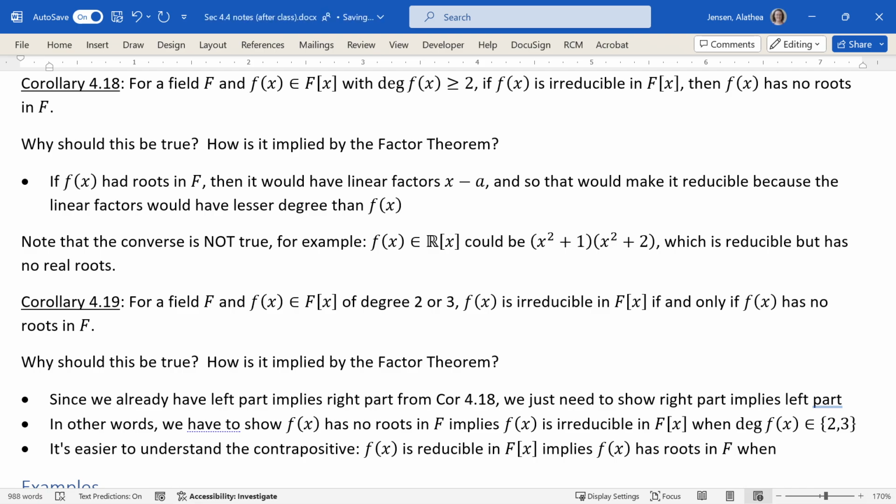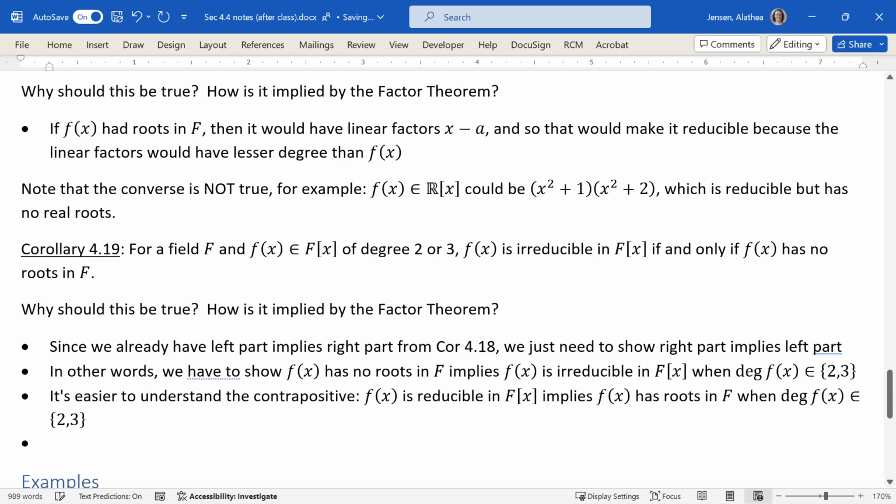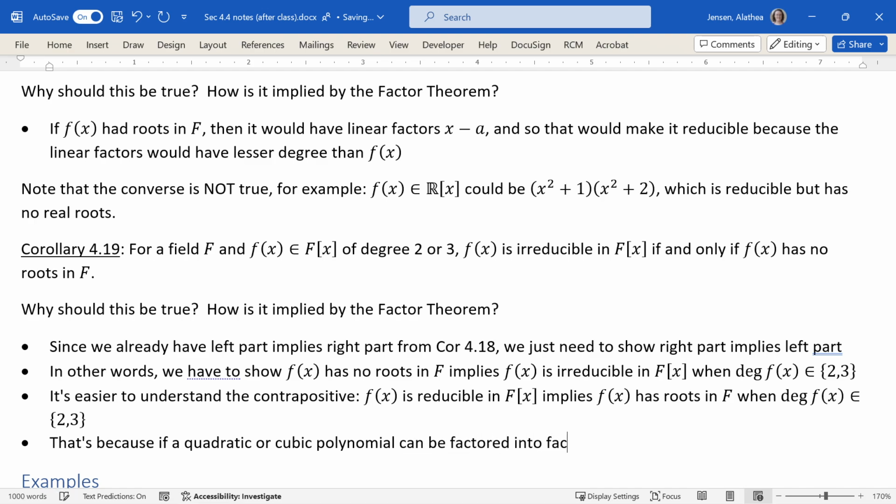So again, this is for when degree f of x is 2 or 3, which you can write like this. That's because if a quadratic or cubic polynomial can be factored into factors of smaller degree, then one of those factors has to be linear, which means it has a root.